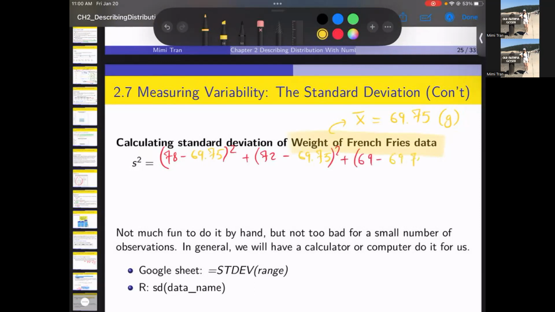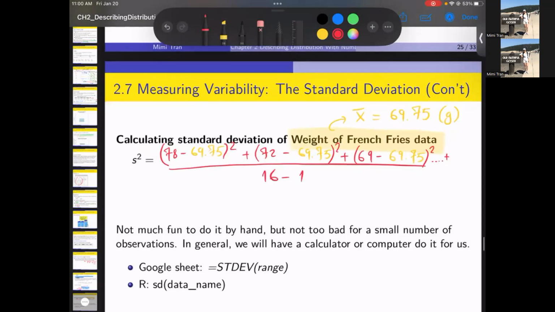I don't know about you, but I don't feel like doing it by hand. Keep going till the last data point. Divided by n minus 1. How many data points do we have here? 14. I'm sorry, we have 16. Subtract 1, which is 15. Then you plug it into your calculator, and you have that.